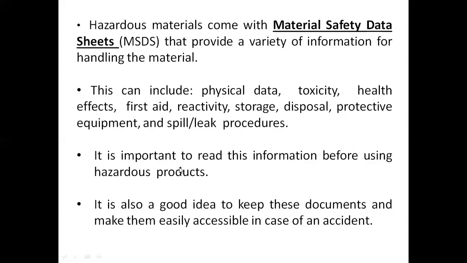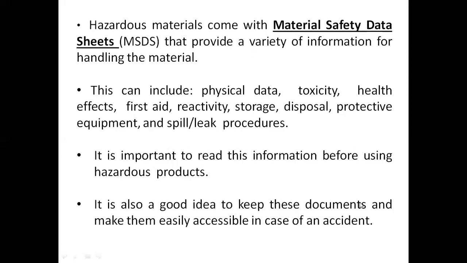It is important to read this information before using hazardous products. So whenever you are using any hazardous product, please refer to the MSDS, Material Safety Data Sheet, to understand better about the product. It is also a good idea to keep these documents and make them easily accessible in case of accident.